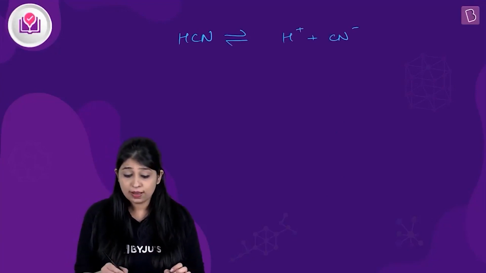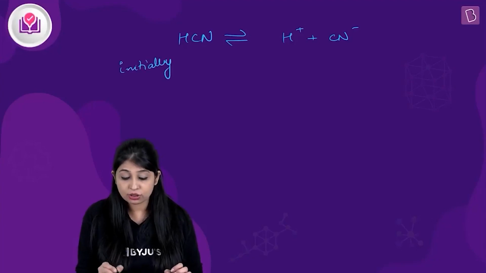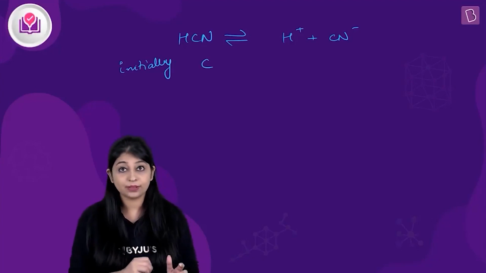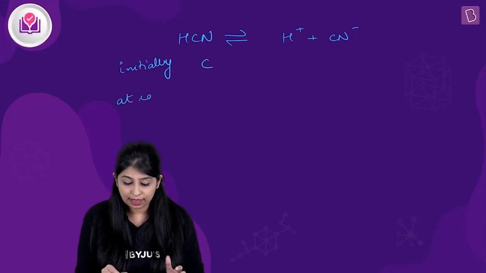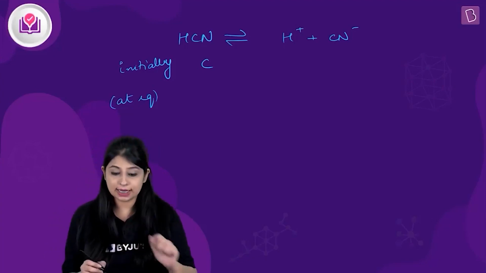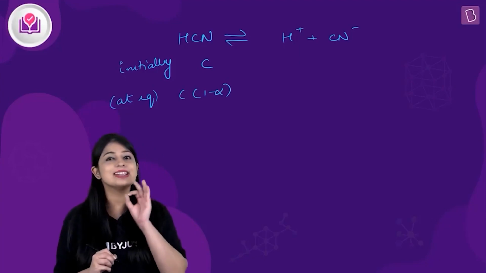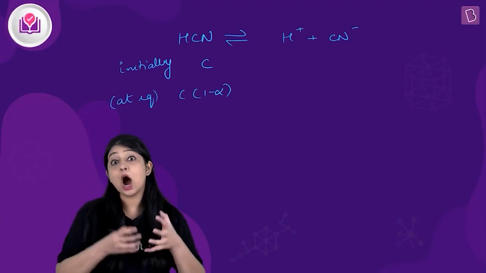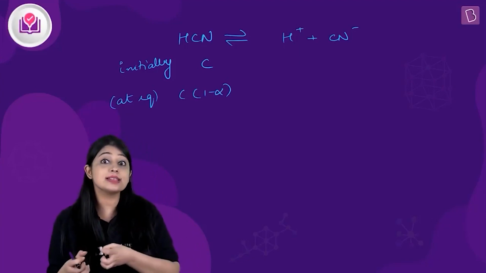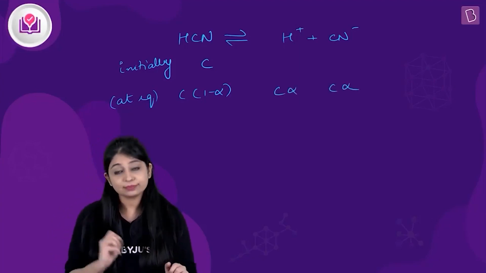Initially, let's say the concentration of HCN is C. At equilibrium, HCN dissociates, so it will become C into 1 minus alpha, where alpha is the degree of dissociation. And the H plus ions and CN minus ions formed in the solution are each C alpha.